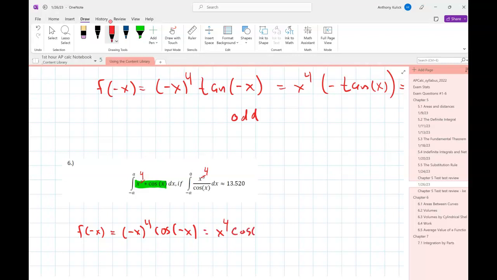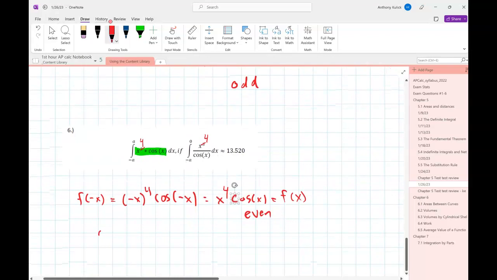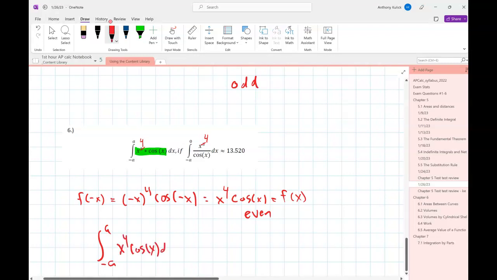Cosine of negative x is cosine x. So this is even. So I can say then this integral is equal to 2 times the integral from 0 to a.